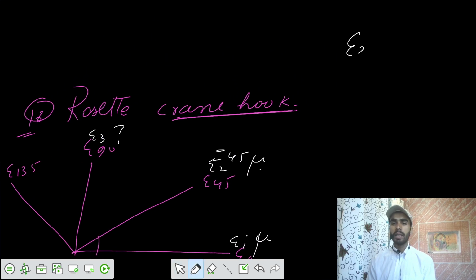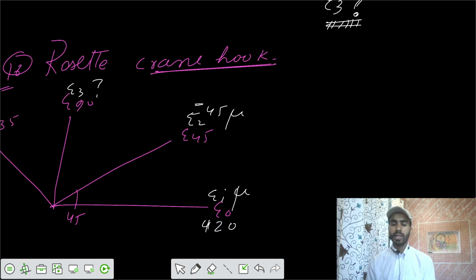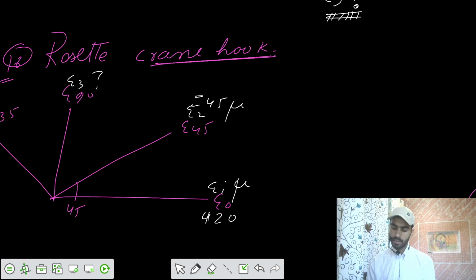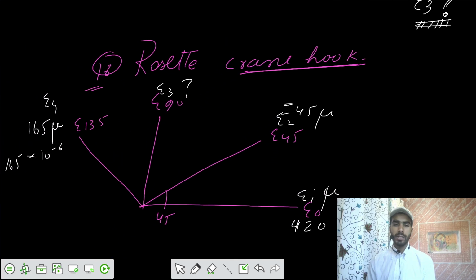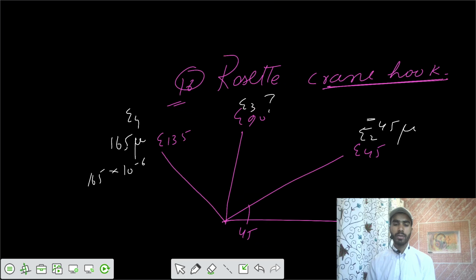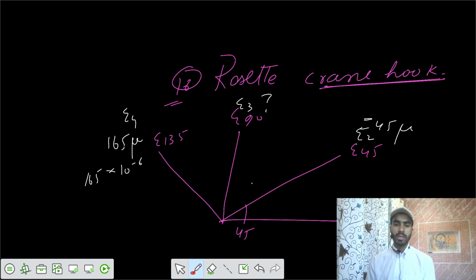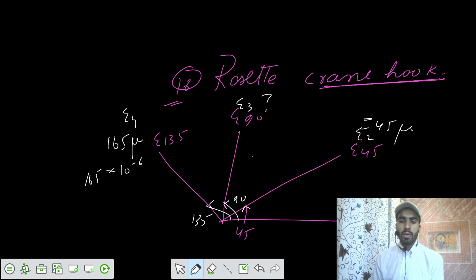You have to calculate E3, the strain along the 90-degree direction. Let's calculate E3 first. This one is E4 at 135, and the gauges are at 45 and 90.